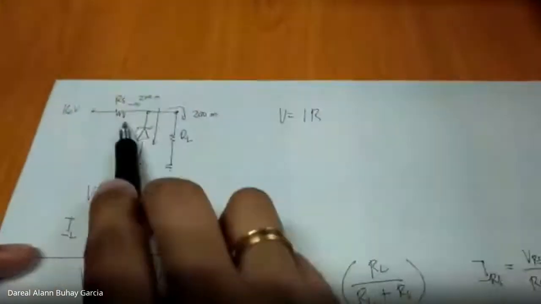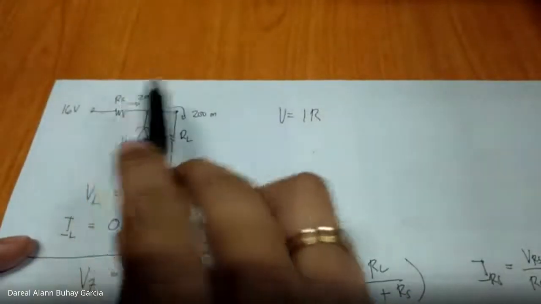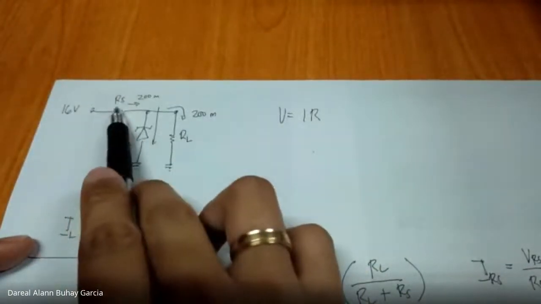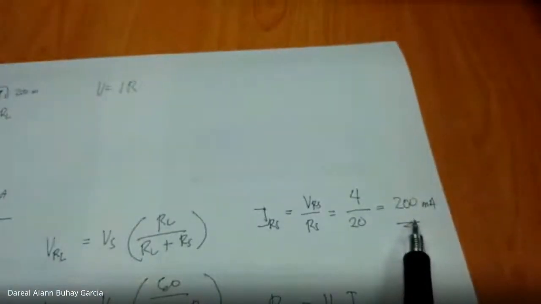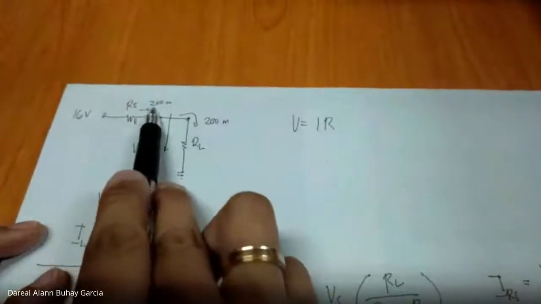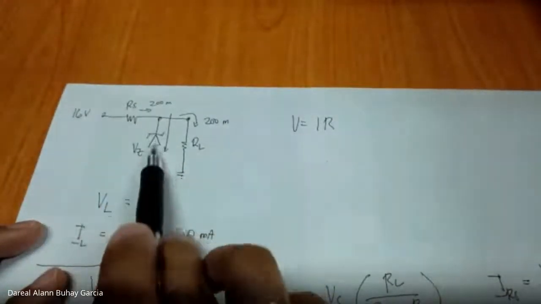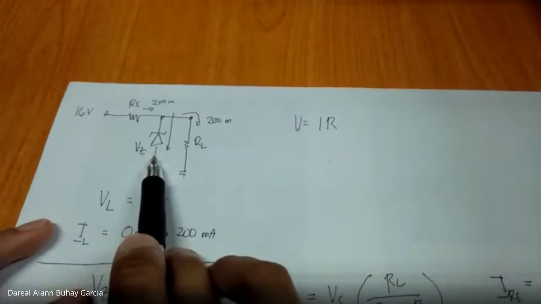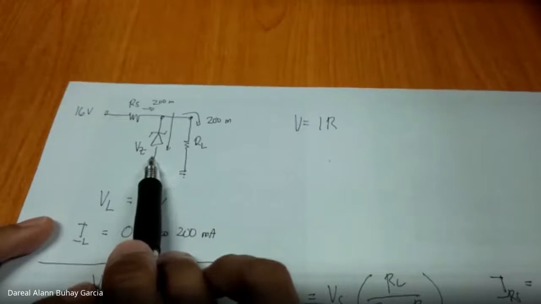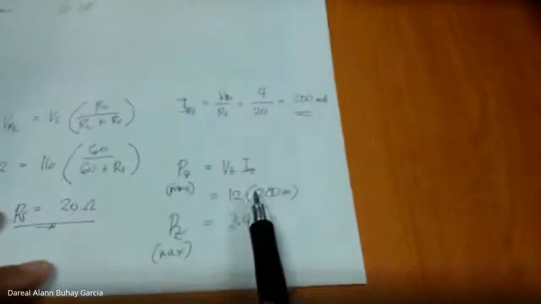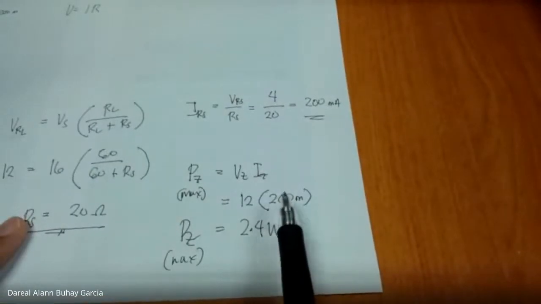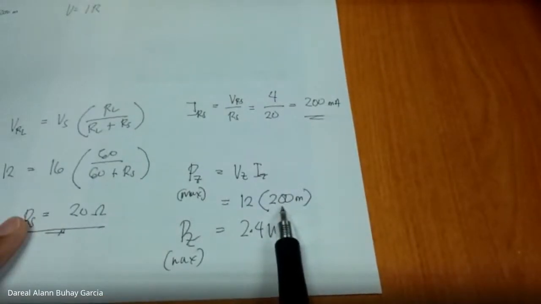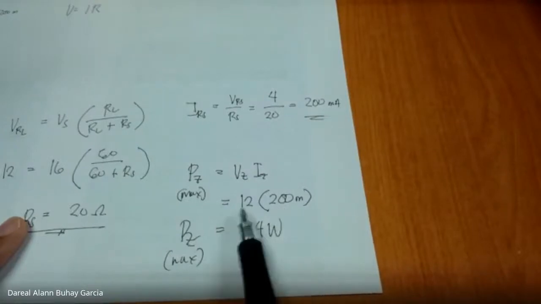So if all the current from our source, assuming maximum conditions, all 200 milliamperes that we solved earlier, flows through the zener diode, what is the power dissipation, so we can compare it with our specification? The answer is easy. Assuming all the current from the source flows through the zener diode, it is subject to the maximum, meaning 200 milliamperes times 12.